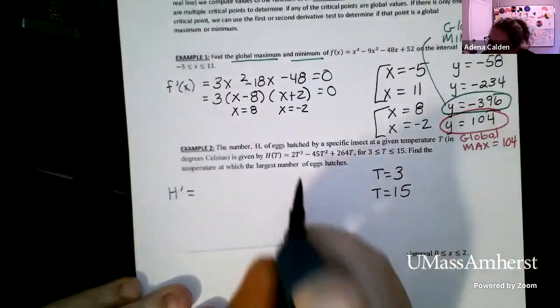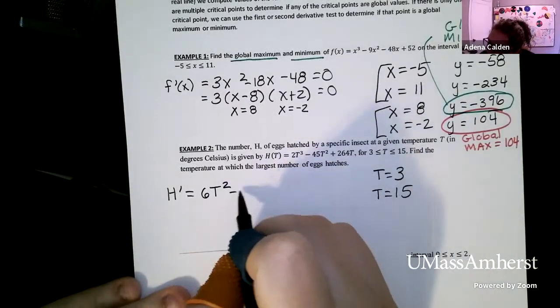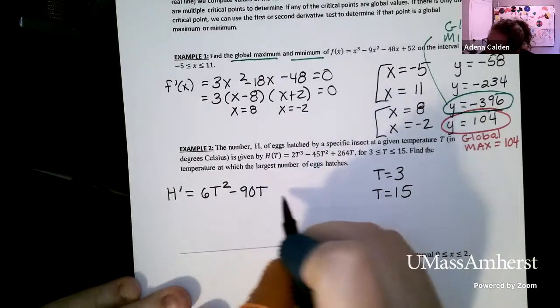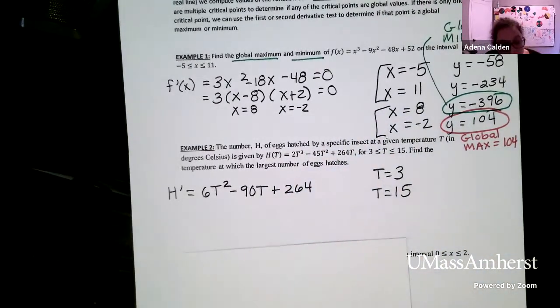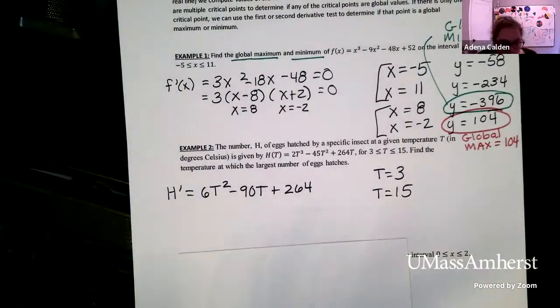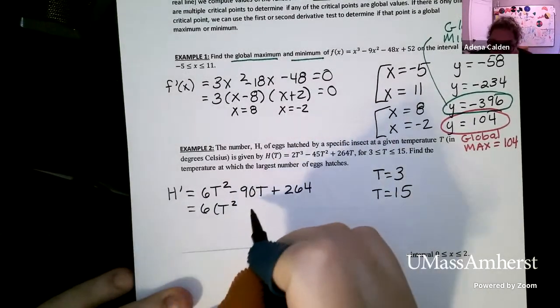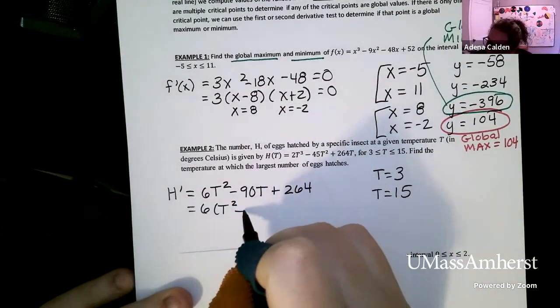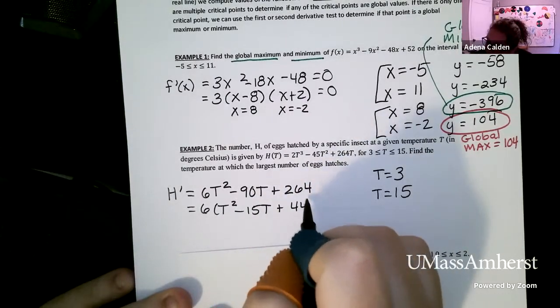So my first derivative here, I will have 6t squared minus 90t plus 264. I'm going to factor this. If you don't like to factor, you can use the quadratic equation. That's totally fine. I'm going to pull out a 6. So I'm left with t squared minus 15t plus 44.